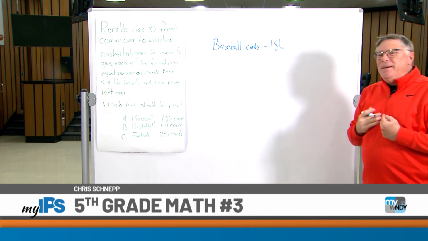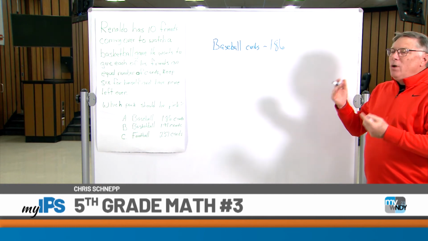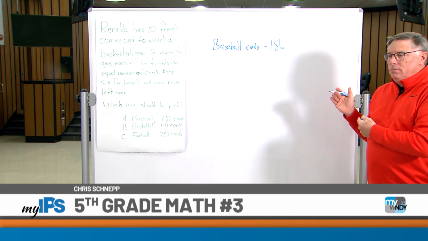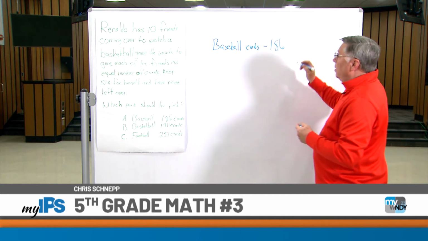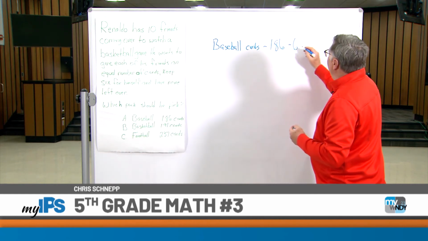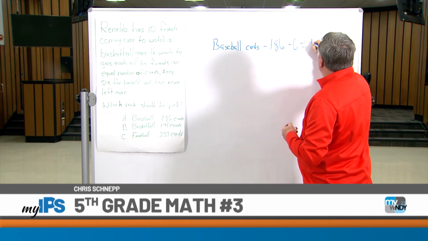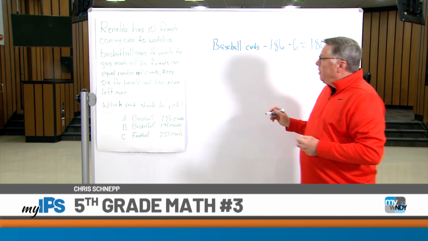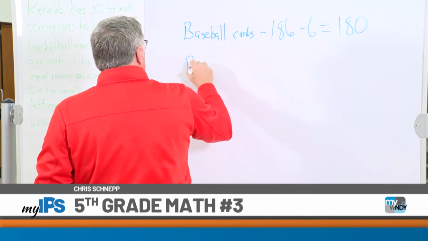All right. If I want to keep 6 for myself, what operation should I do right here? Give you a second to think about it. Yeah, I should subtract. Okay, and I want to keep 6, so I'm going to subtract 6. So 186 minus 6 equals 180. All right, and let's look at the basketball cards.